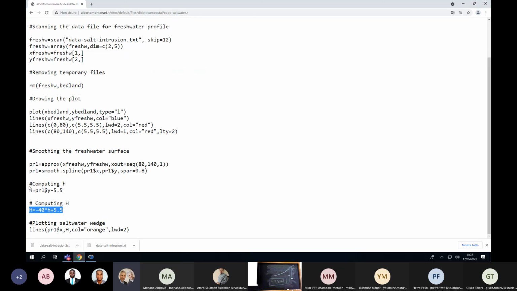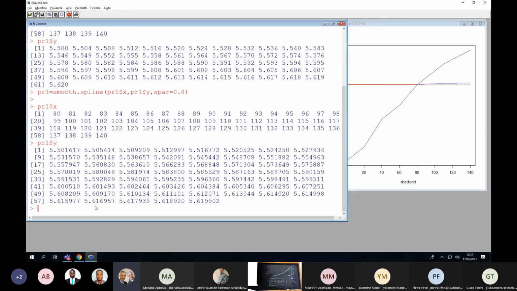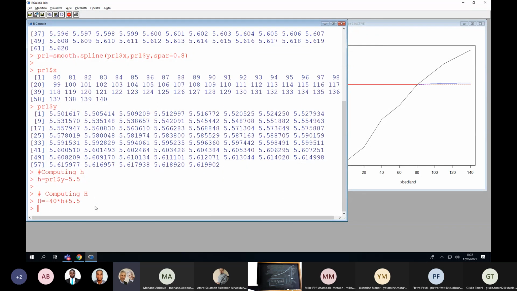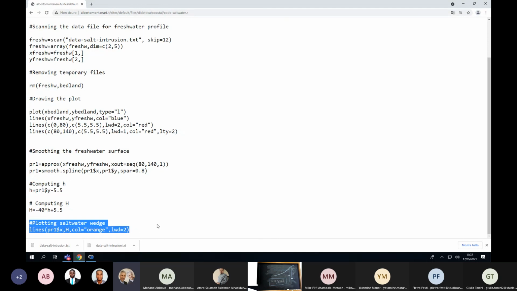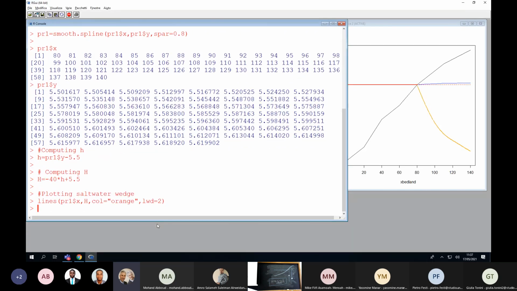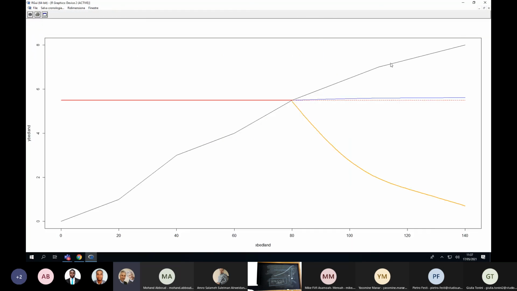And in doing that, with this very simple couple of operations, I compute the position of the interface. I'm copying it here. And then I just have to plot the interface. And here we are. So you see that it's extremely simple.